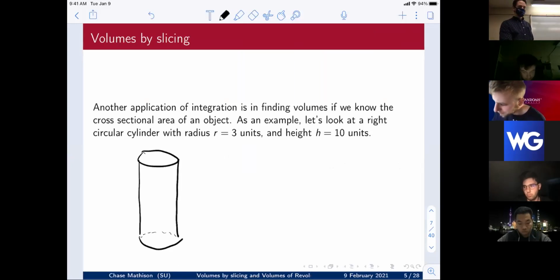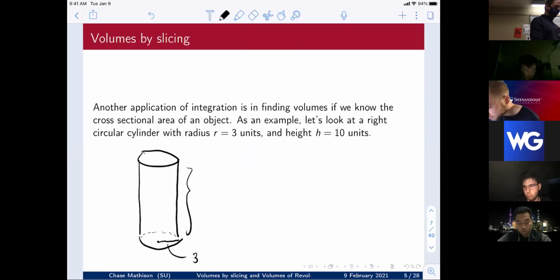I don't play favorites. So here's what we're looking at. The top and bottom circles have the same radius of 3, and it has a height of 10. Just units, whatever units you want, as long as the units are consistent. So this is the shape we're going to find the volume of.